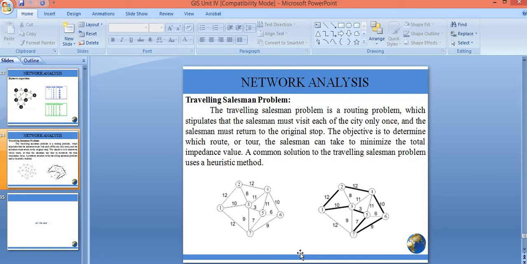It means that you have to find a path that covers all the points or all the cities.